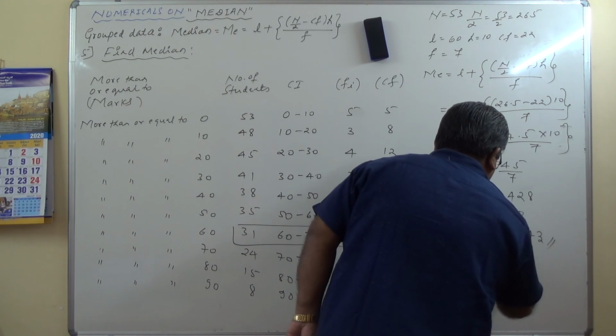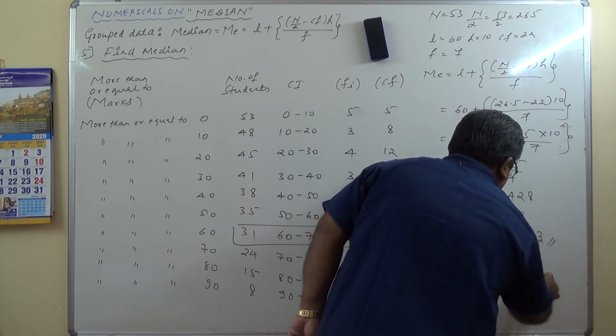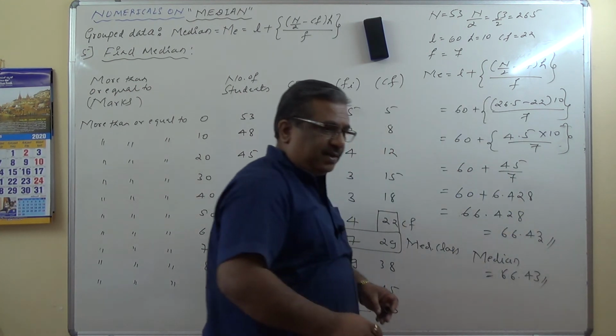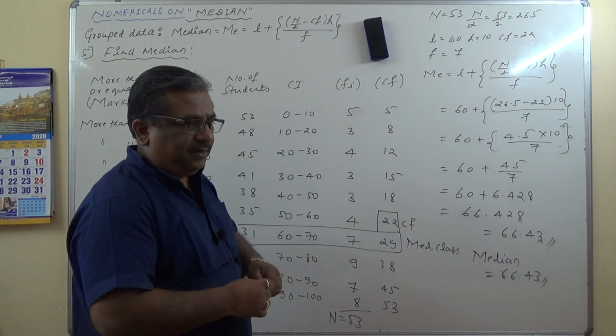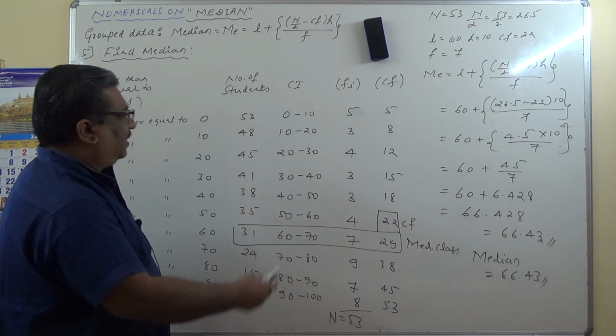Median is equal to 66.43. Let me check whether he has worked out the answer for this one. Okay, 66.43. So it is correct.